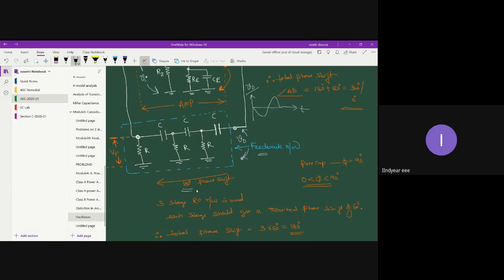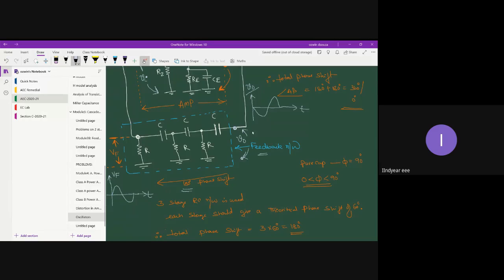It is once again 180-degree. So when you give a negative going signal to the input of the feedback network, at the output of the feedback network, you will get a positive going signal. So this is VF.